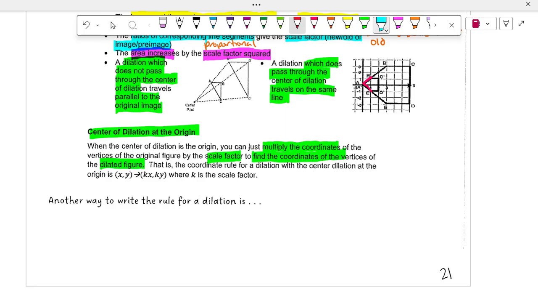So if we wrote that in arrow notation, if we start with (x, y), you're given (kx, ky), where k is your scale factor. Just to put it in more layman's terms, let's pretend that k was equal to 2. So your scale factor was 2. What you would do is for every point that you have originally, you would multiply the x and y values of those points by 2.